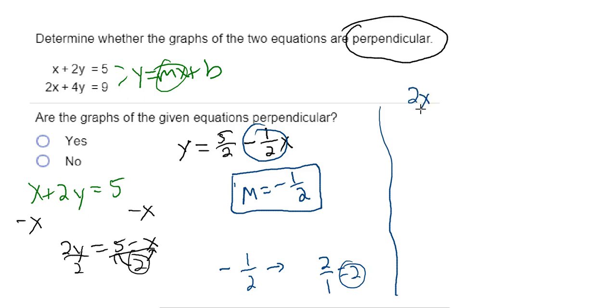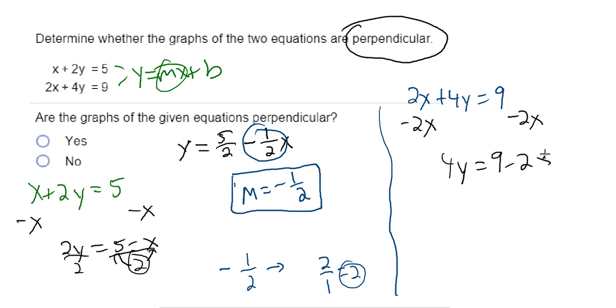All right, so we have 2x plus 4y equals 9. We have to solve this for y to find the slope. So I'll subtract 2x from both sides. I'll get 4y is equal to 9 minus 2x. And then we divide by 4 on both sides. Everything gets divided by 4.